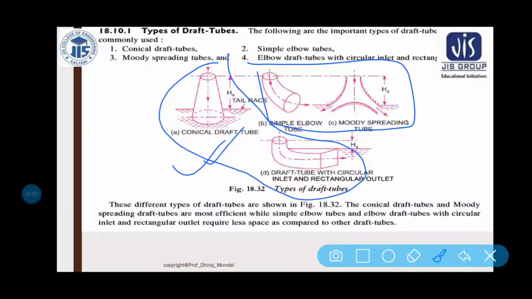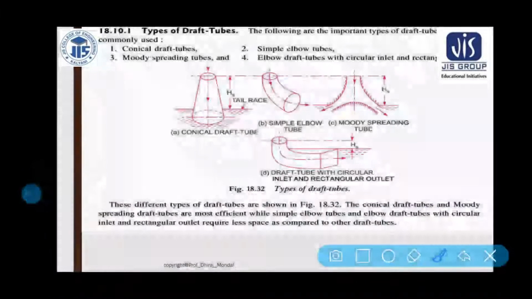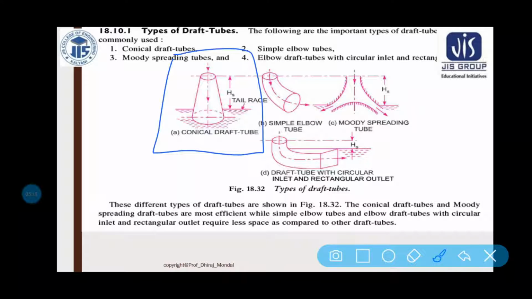Now the simple conical draft tube: you can see this is the conical tube, this is the level at the outlet of the turbine and the level of water, and this is the tail race.